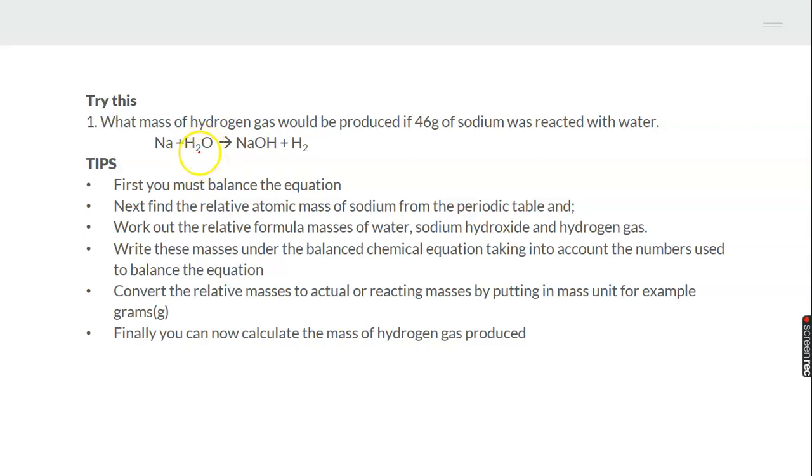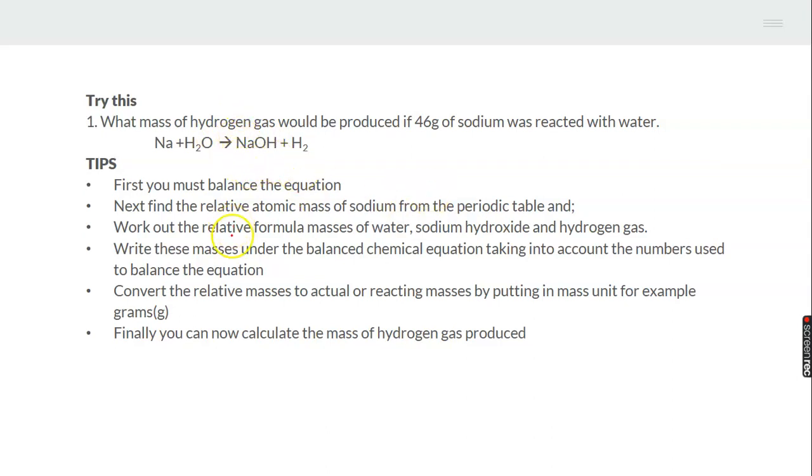So you get the relative atomic mass of hydrogen multiplied by 2 plus that of oxygen. Your answer, you put it here. Then you calculate the relative formula mass of sodium hydroxide and put it here. It depends on your balanced equation. If it has 2 or 4 or 6 here, you have to multiply it through.